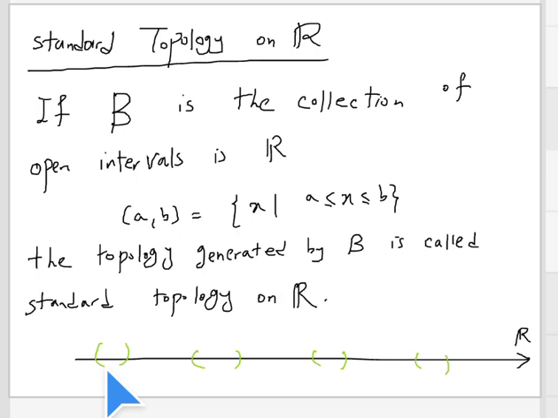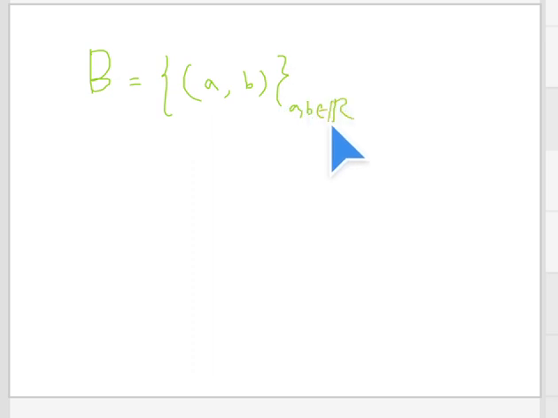Give a topology on R. I call it standard topology. Indeed, the basis B is the open intervals (a, b) with a, b belonging to R. Okay.